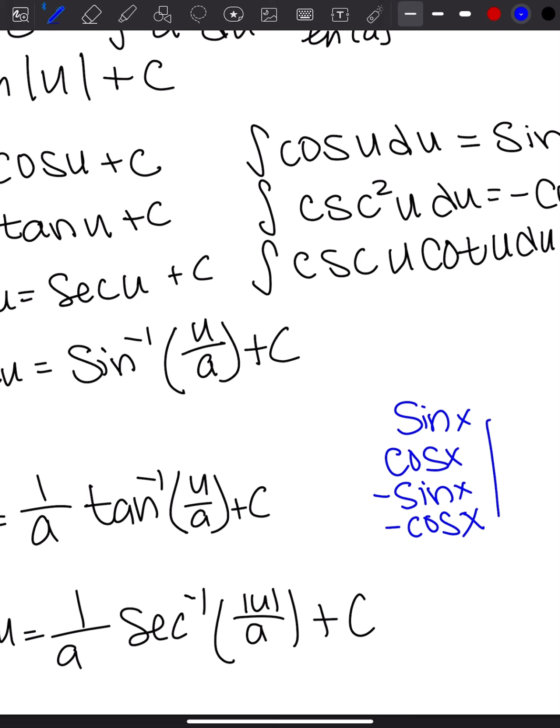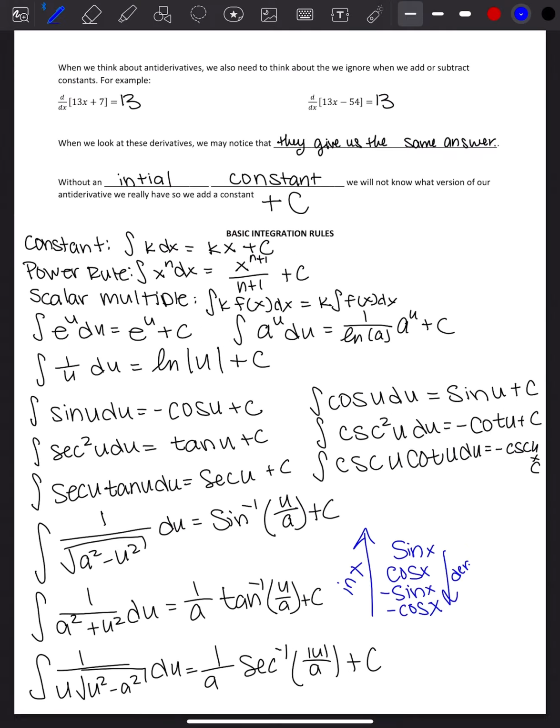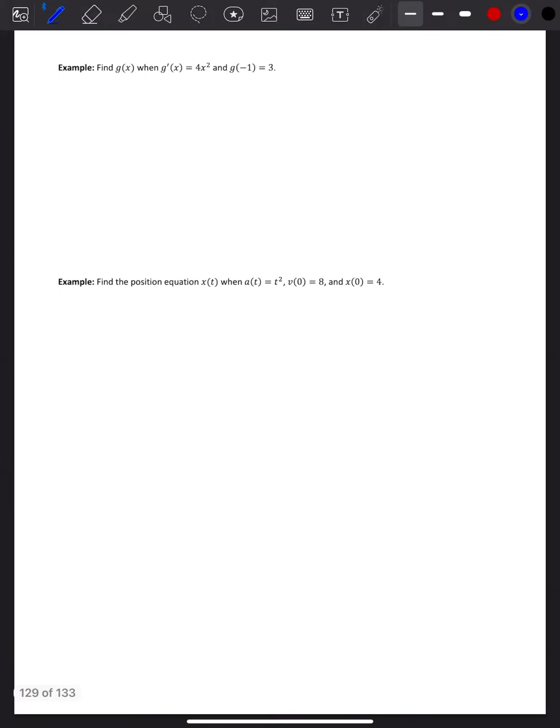So if I go down this list, these are all derivatives. If I go up this list, these are all integrals. So we're going to do just some of these examples of these basic integrals and go from there.